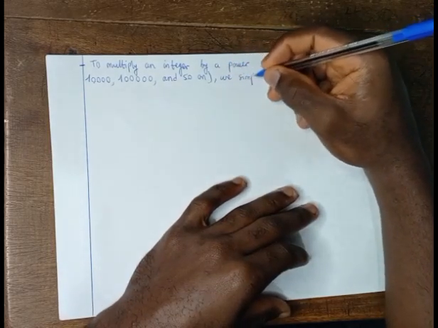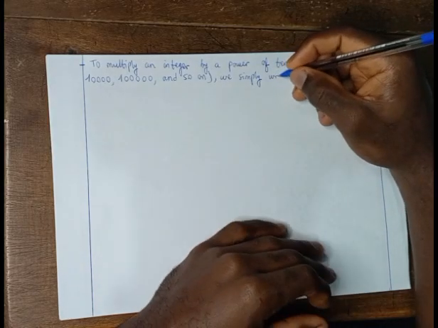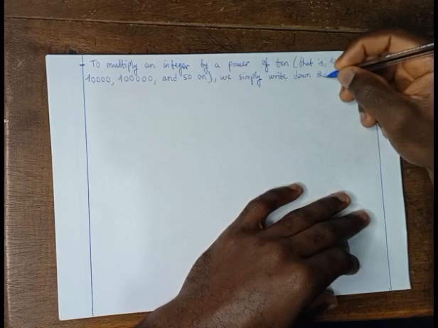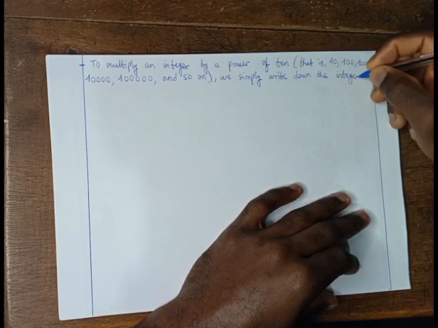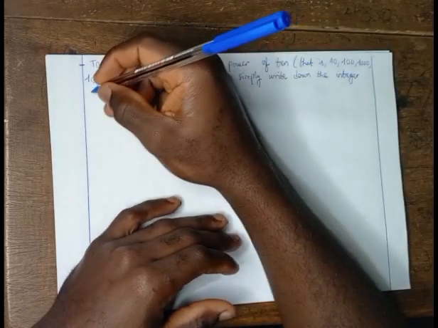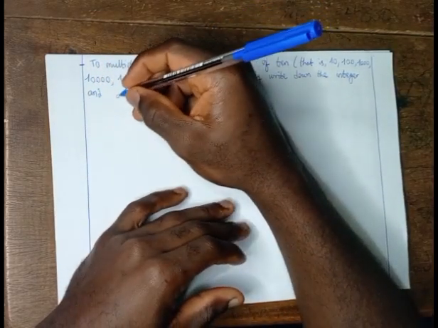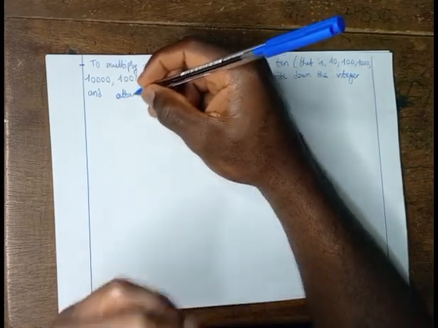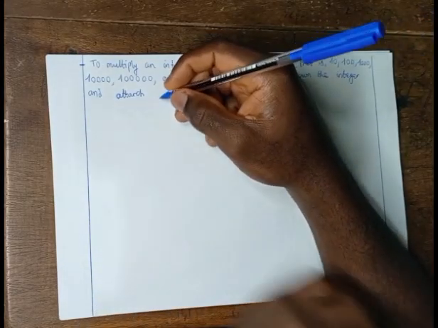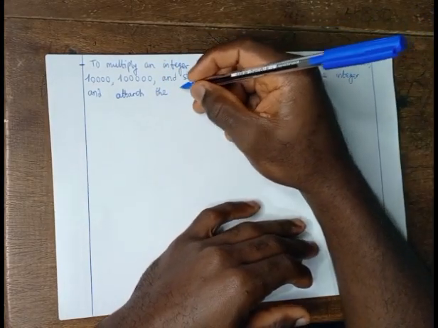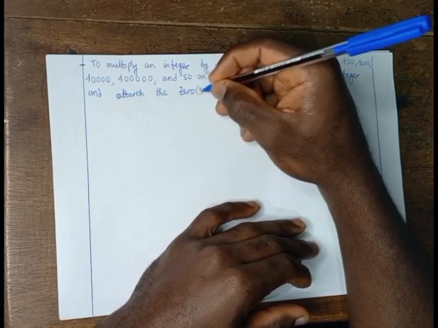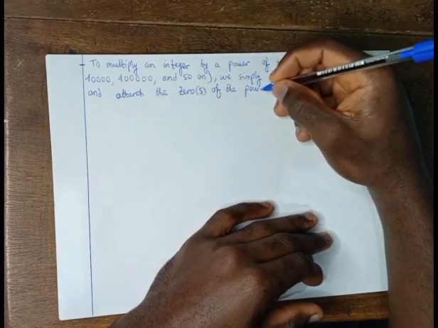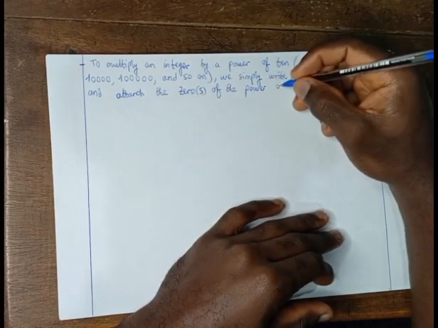We simply write down the integer and attach the zeros of the power of 10.